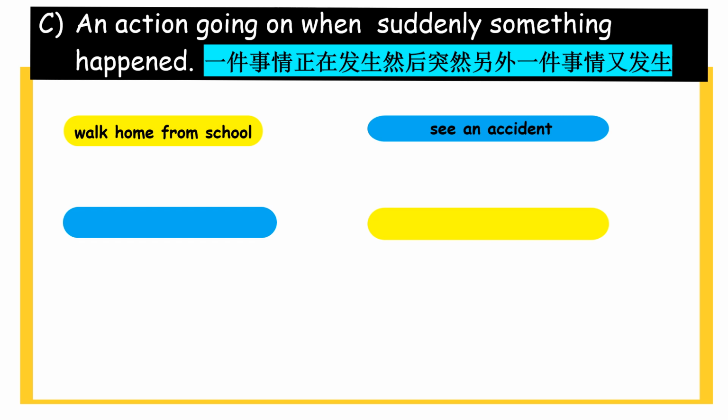看到一场车祸。So when you look at these two actions, see there are two actions here. Which is the action going on and which one suddenly happened?